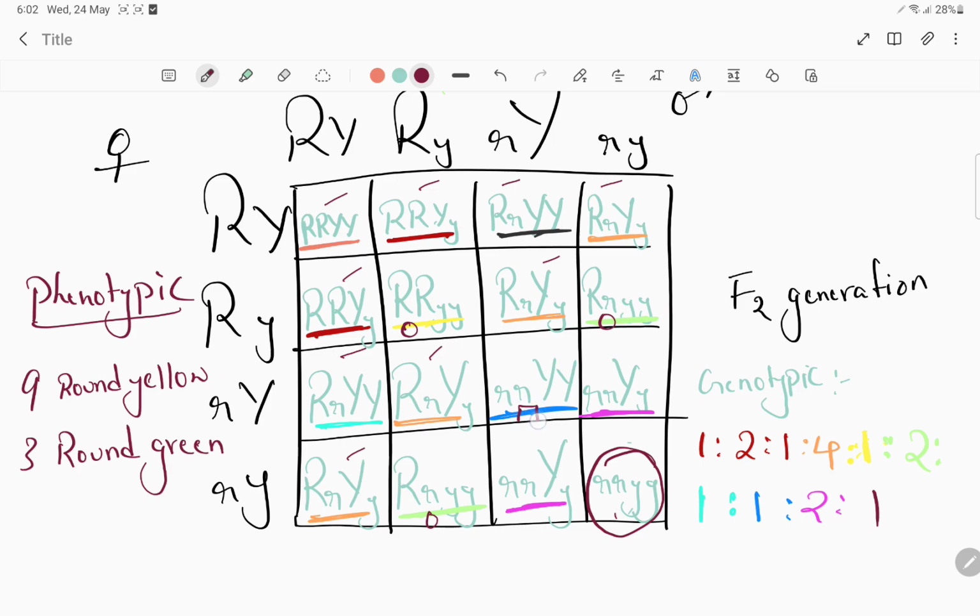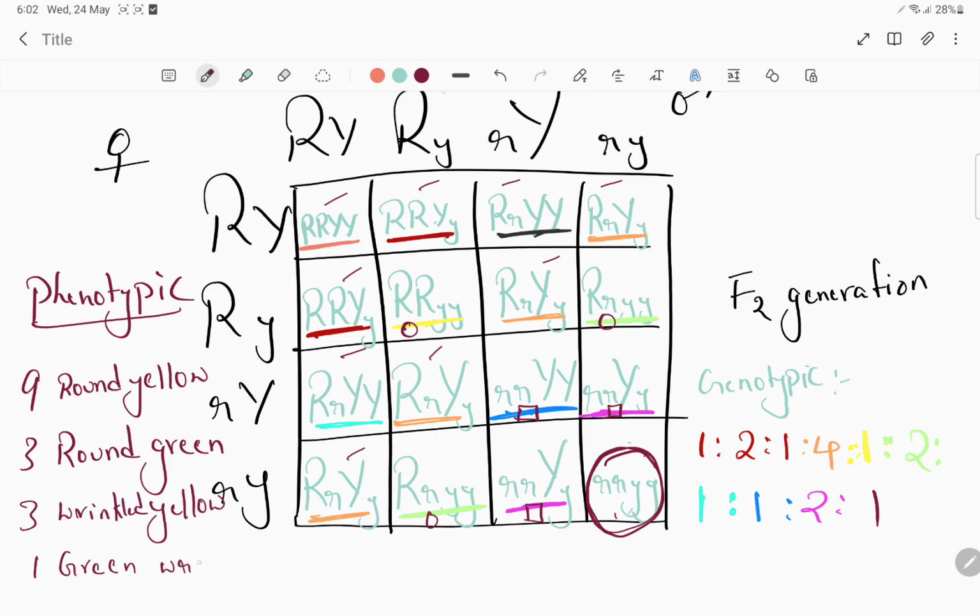And next, 3 are green and yellow. And only 1 is wrinkled and green.